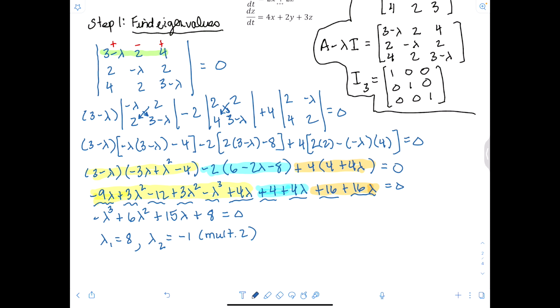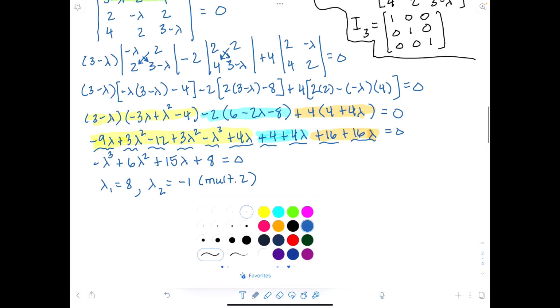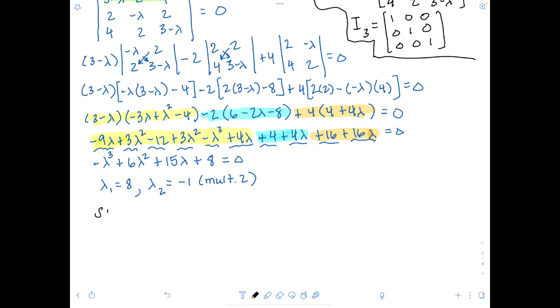So we'll swing that one back. And now our next step is to find the eigenvector. And there'll be multiple eigenvectors.